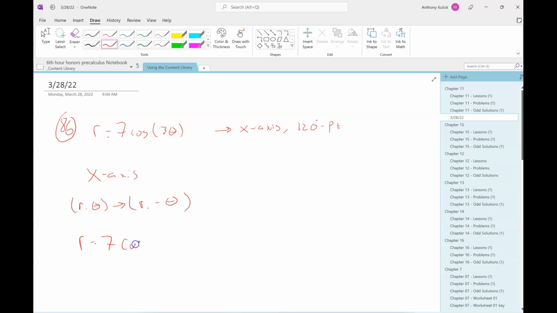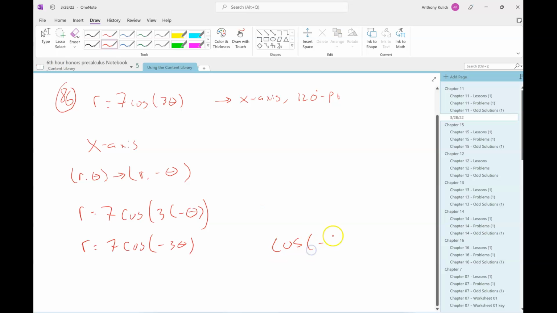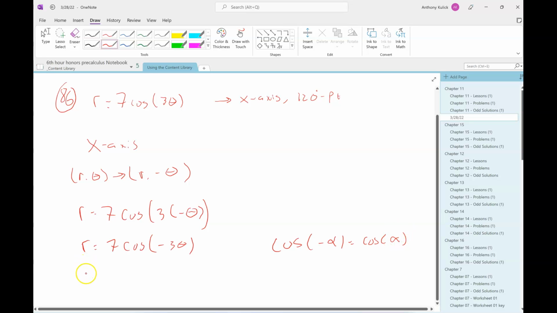So I'm going to replace the thetas with negative thetas. 3 times negative theta is just negative 3 theta. And then my odd-even identity for cosine says cosine of negative alpha equals cosine alpha. So I just have that, and I'm done.